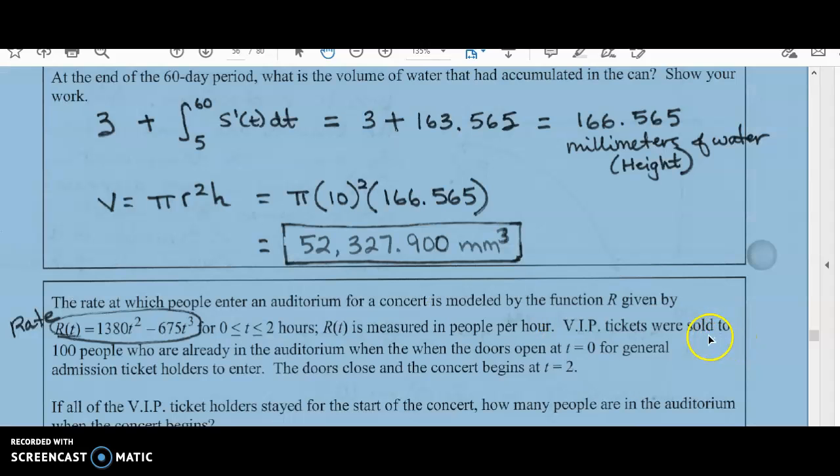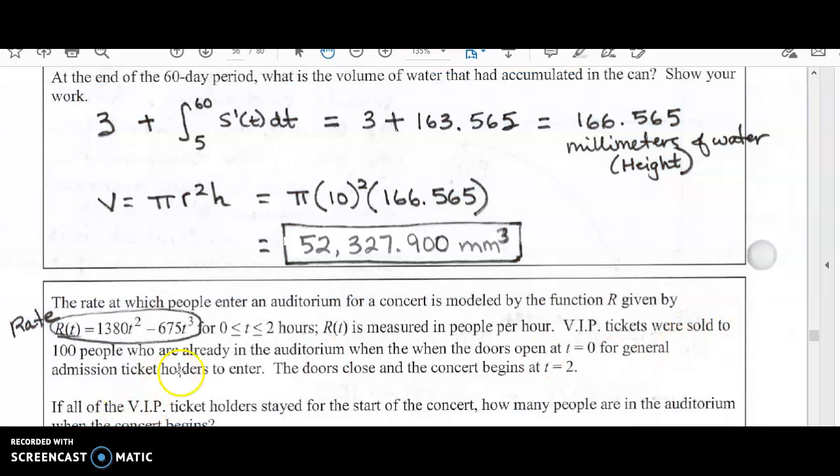All right. So VIP tickets are sold to 100 people who are already in the auditorium when the doors are open. So the antiderivative, the starting point would be at 100.